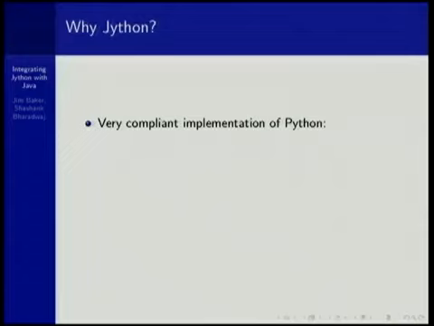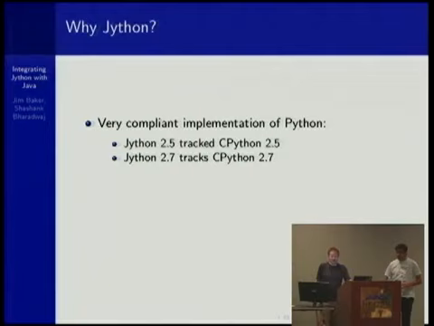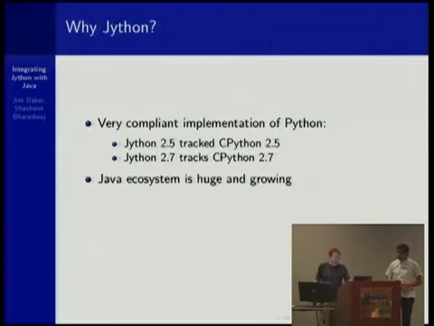Why Jython? A lot of you have mentioned that you've used it in the past. Very compliant implementation of Python. Jython 2.5, of course, tracks CPython 2.5. Jython 2.7 tracks CPython 2.7. So that's the logic of our versioning scheme. In general, why Jython?